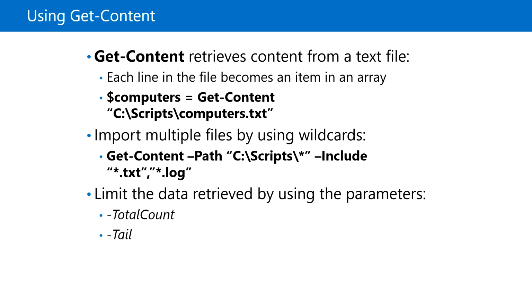Next, we can use multiple files as well with Get-Content. For that, we can use a wildcard. Using the wildcard, we can include multiple files in the path. When we use the wildcard, we can also use parameters like -Include and -Exclude.